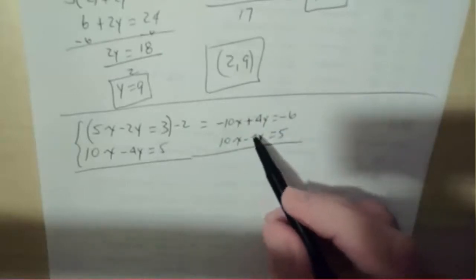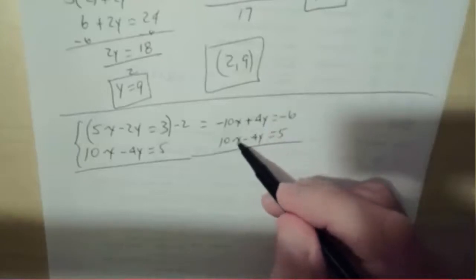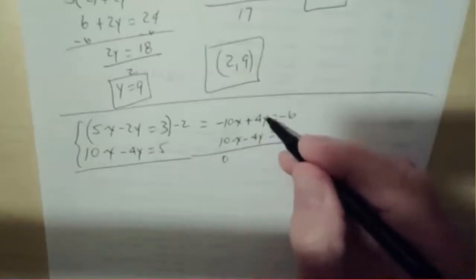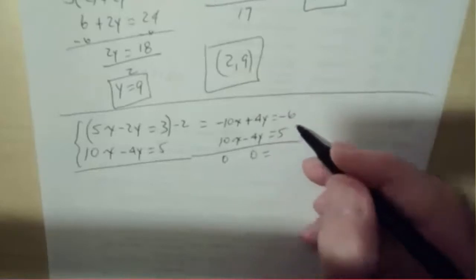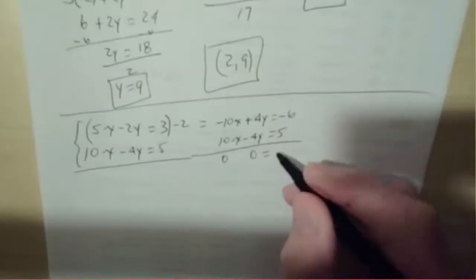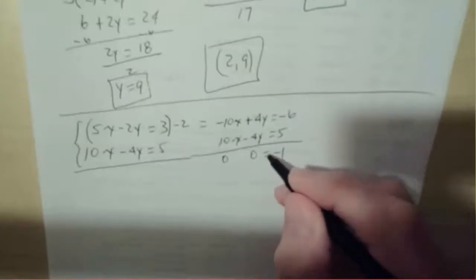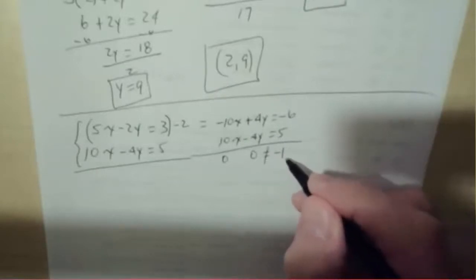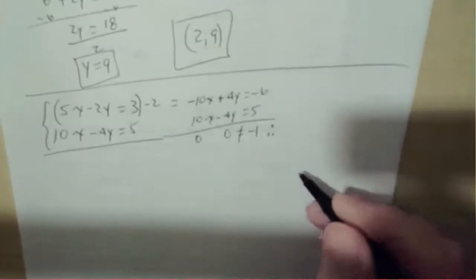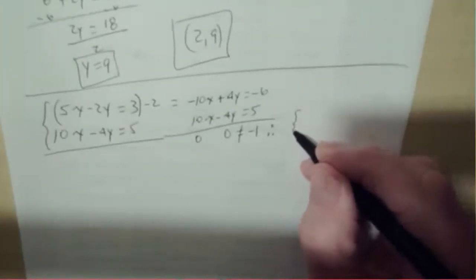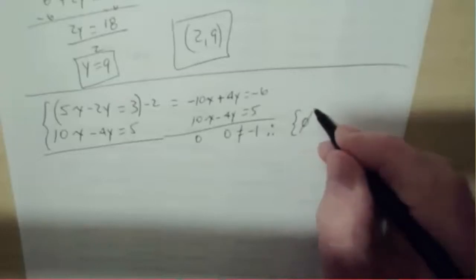we get negative 10x plus 10x is 0. 4y minus 4y is 0. And negative 6 and 5 is negative 1. So 0 does not equal negative 1. Therefore, our solution set is the null set.